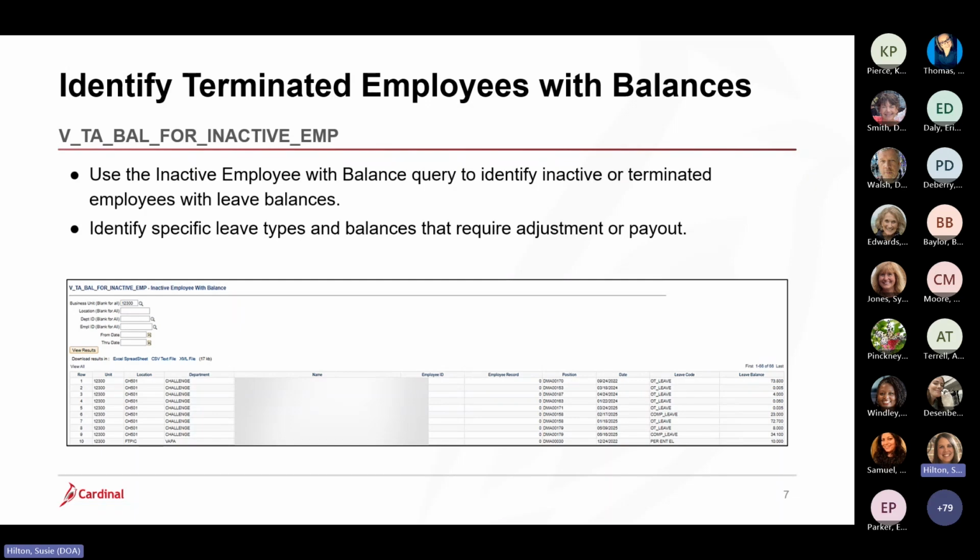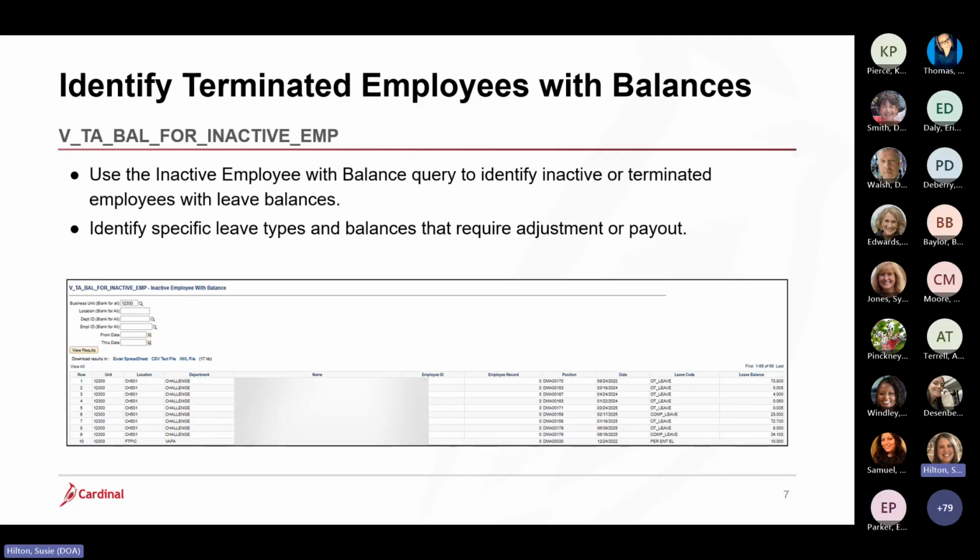This query can be run a few different ways. There have been no changes to this query, so you can run it for all the BUs that you have access to. You can run it for just one BU. You can run it for just one employee.